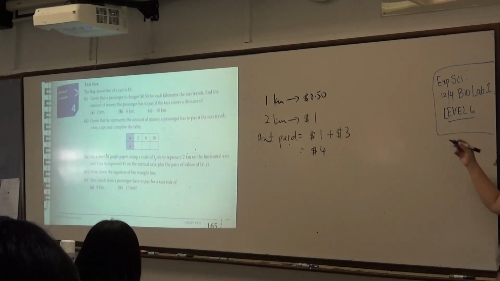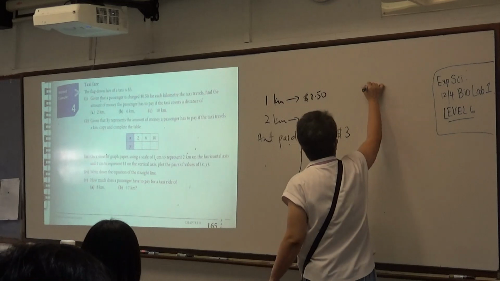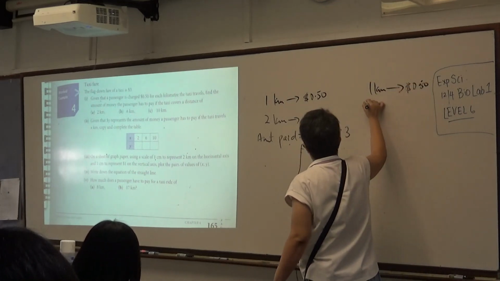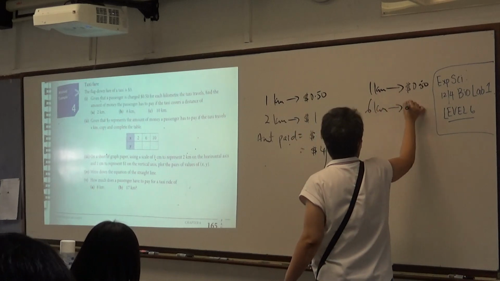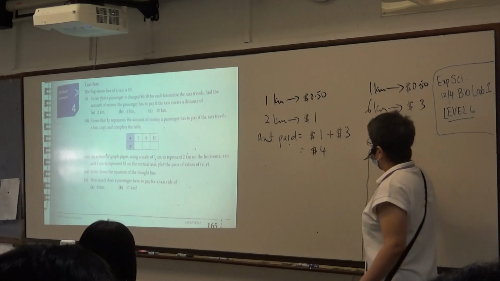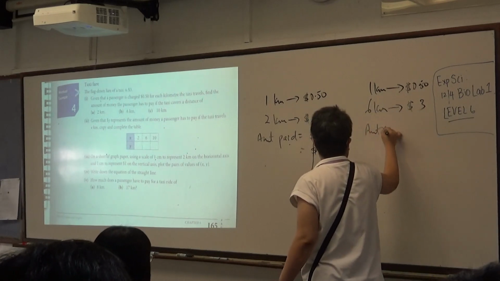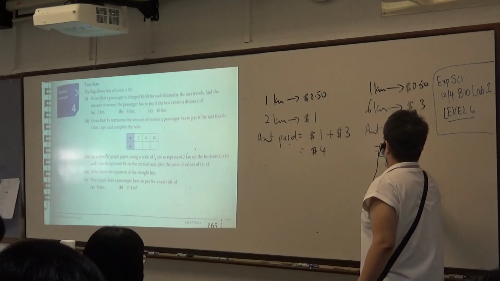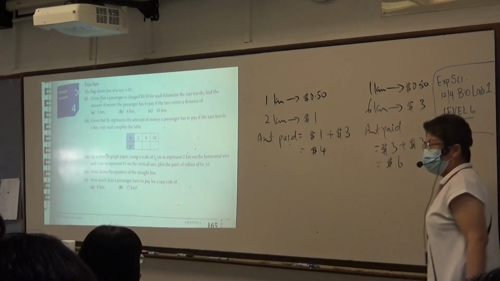How about if it is 6 kilometers? I will have 6 kilometers, right? This one will become $3, right? So the amount paid will be 3 plus 3, right? Answer? $6.